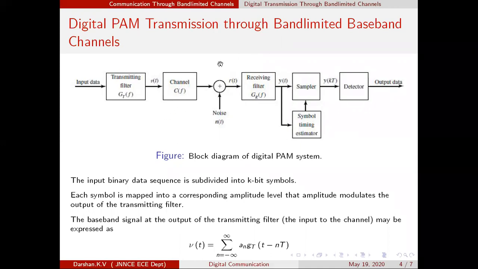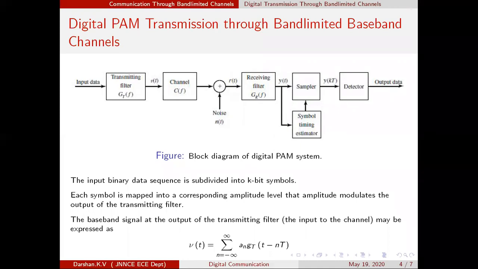You are supposed to transmit such amplitude modulated pulses. As a simple example, you have a source which generates 10 symbols. Each symbol is mapped to a particular amplitude: the first symbol has an amplitude of 1 volt, the second symbol 2 volts, so on and so forth, and the 10th symbol 10 volts.